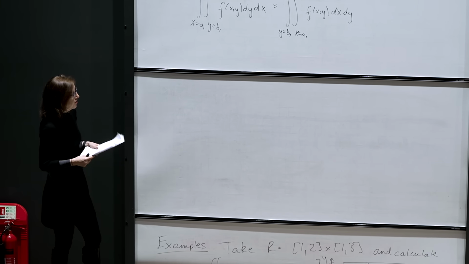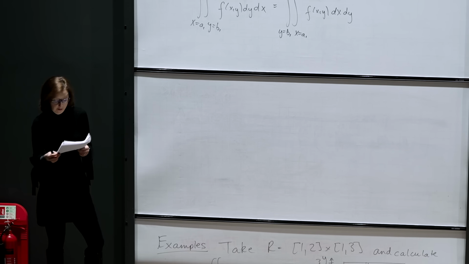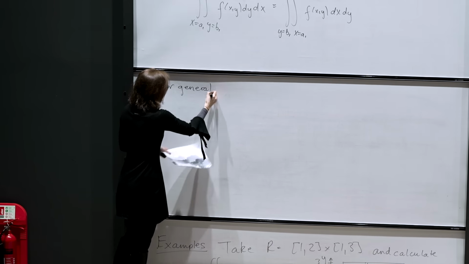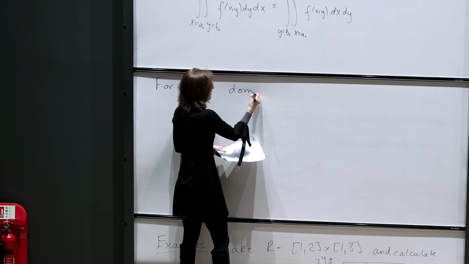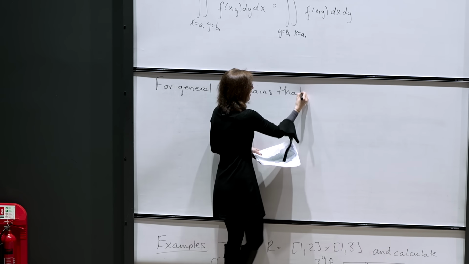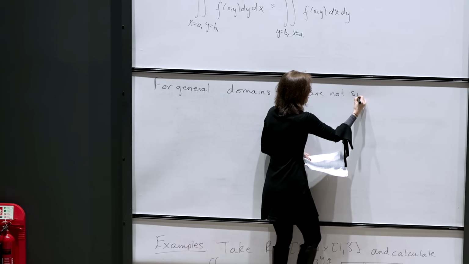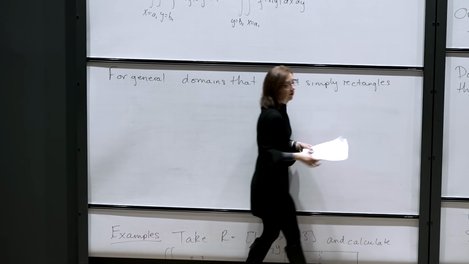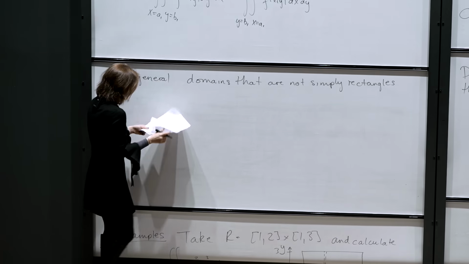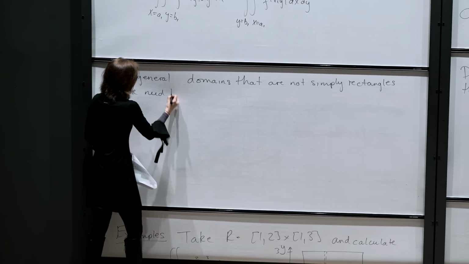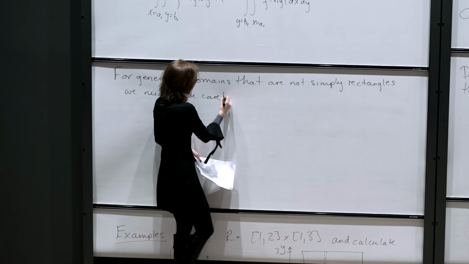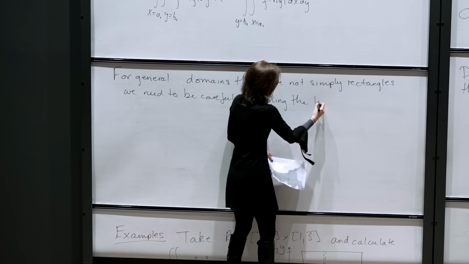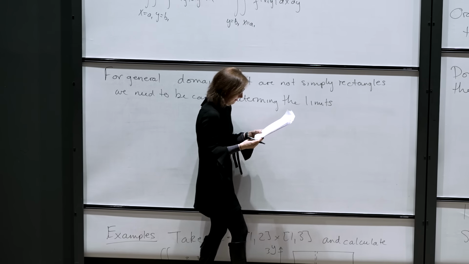But of course, we want to do more interesting integrals. We often encounter them in problems we consider. And so for general domains, this is not so straightforward. For general domains that are not simply rectangles, we have to be much more careful, especially with determining the limits of integrals.